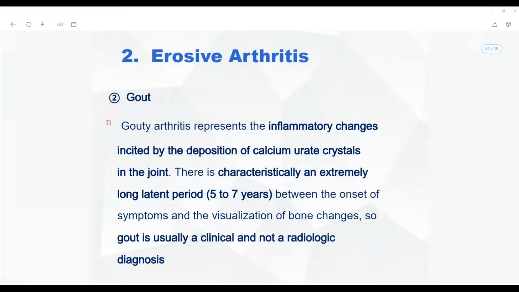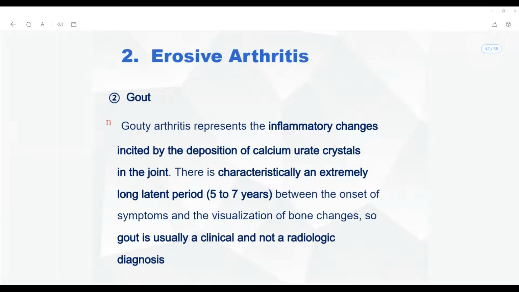So it can happen because of any other condition, but the particular deposition that happens in the bones, because of an enzyme called xanthine oxidase, is actually called gout. The association between thyroid and gout is there, but the only association is that there is a high prevalence of gout in hypothyroidism. Thyroid is not the one causing the gout. If so, everybody suffering from thyroid problems would have gout.